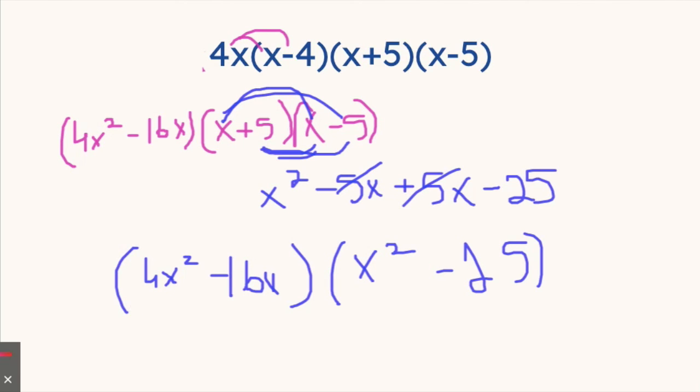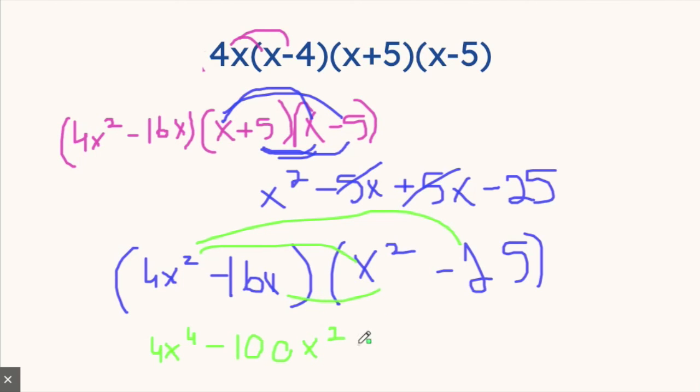And then we can just FOIL. 4x squared times x squared is going to be 4x to the 4th power. And 4x squared times negative 25 is going to be negative 100x squared. Negative 16x times x squared is going to be negative 16x to the third power.